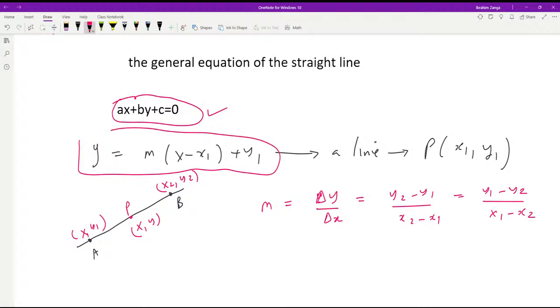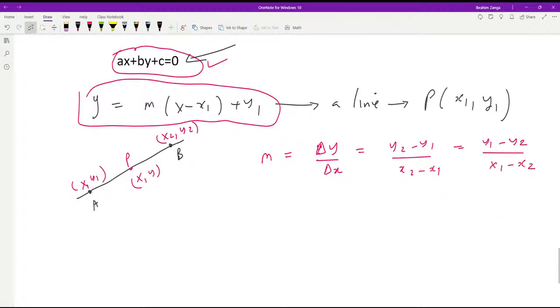We have the general equation, and later on you are going to see that it is okay to come to this equation here.